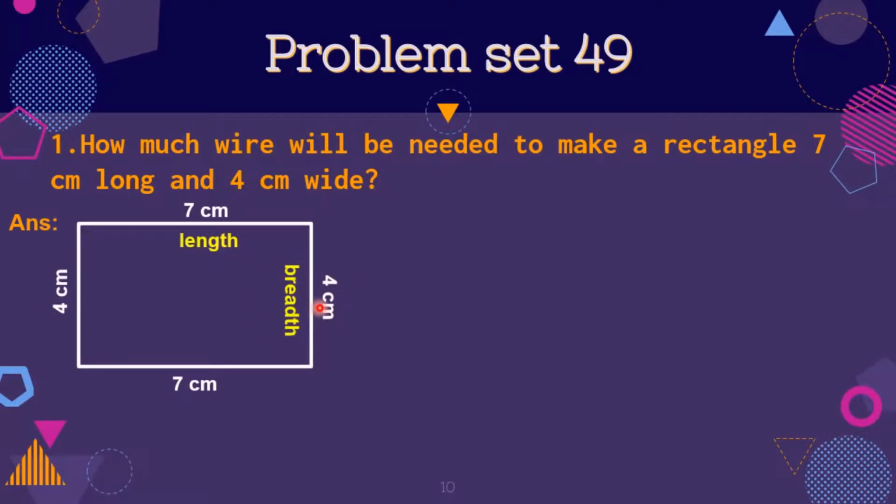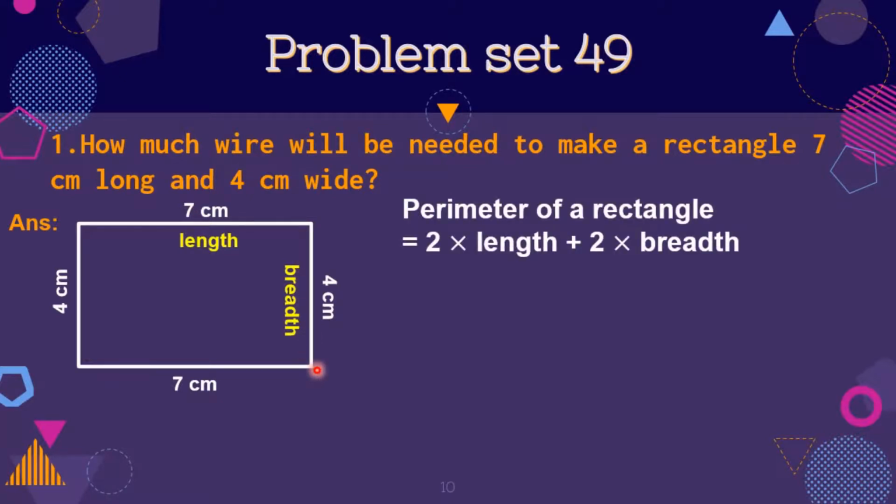So to know the wire needed to make such a rectangle, we have to find out the perimeter of this rectangle. And we have the formula, perimeter of a rectangle is equal to 2 into length plus 2 into breadth.